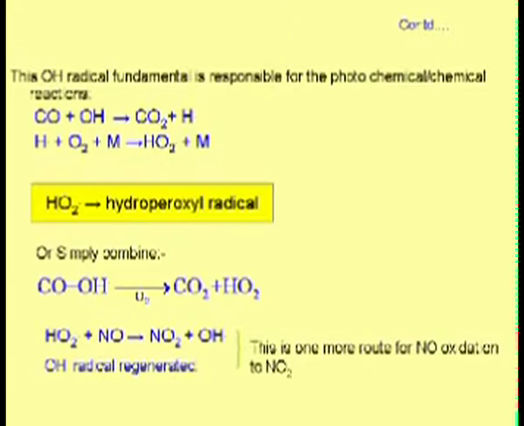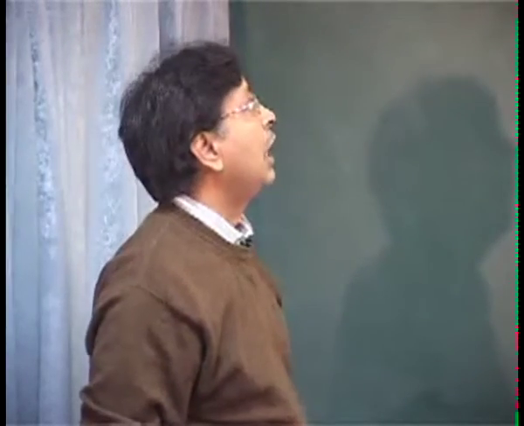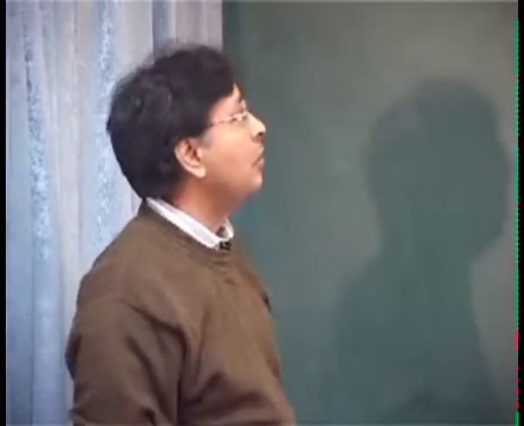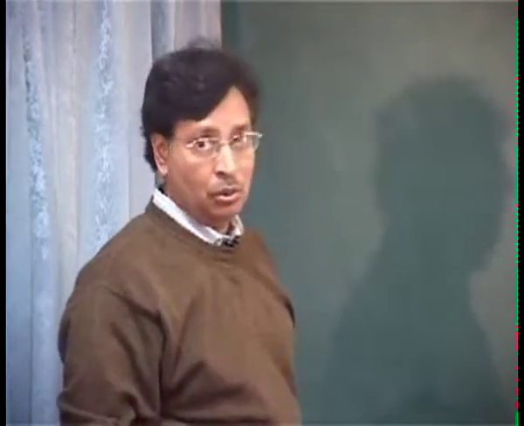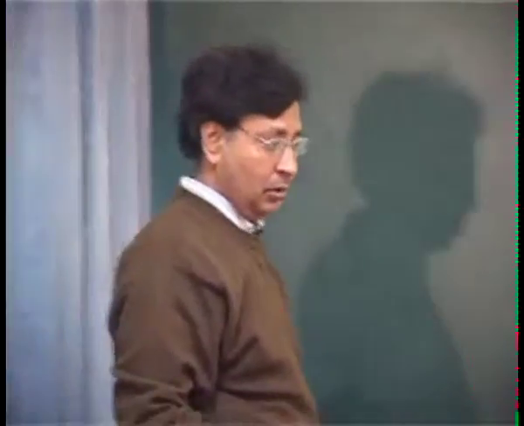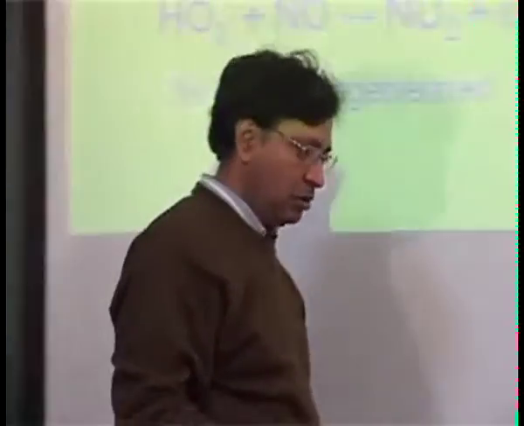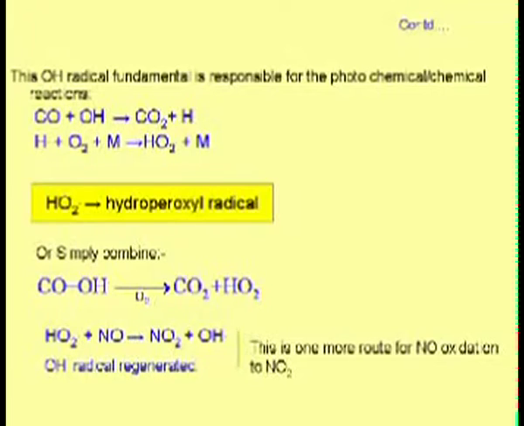It can also give rise to atomic hydrogen, which is very reactive and forms HO2. I know you have heard about H2O, but in this course also understand what HO2 is. HO2 is a fundamentally important radical in atmospheric chemistry.